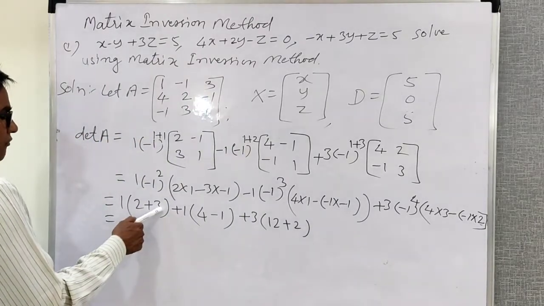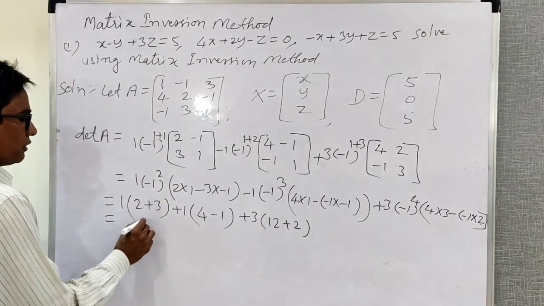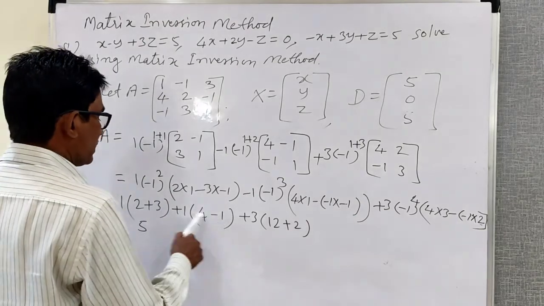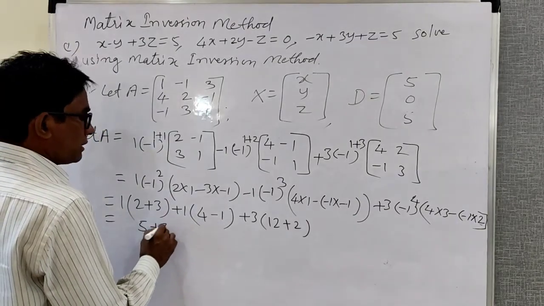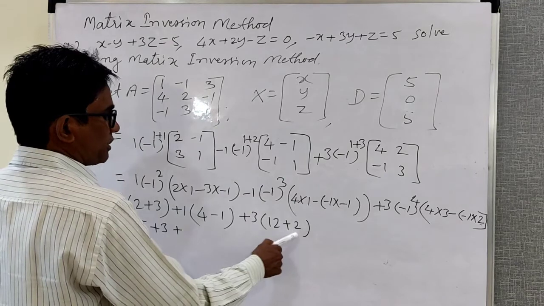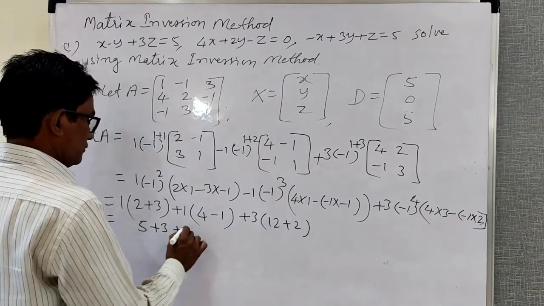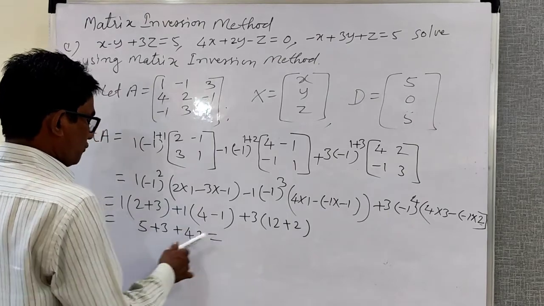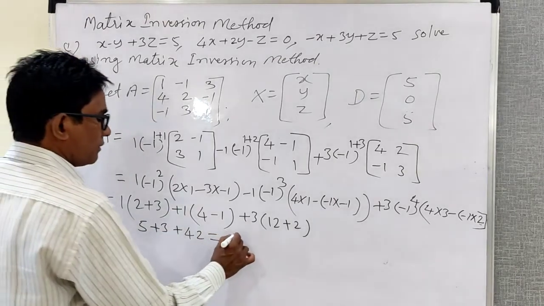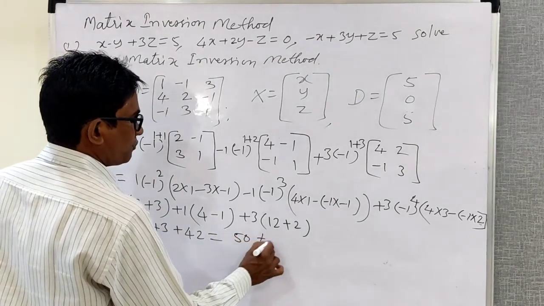2 plus 3, 5, 5 into 1, 5, 4 minus 1, 3, 3 into 1, 3, plus 12 plus 2, 14, 14 into 3, 42, which equals 42, 45, 50. 50 is not equal to 0.